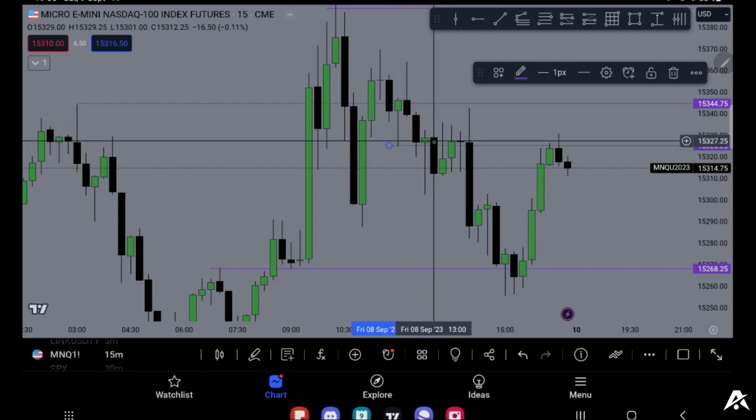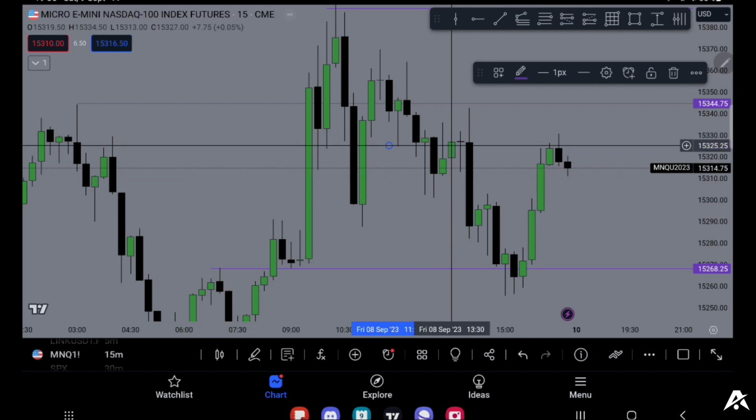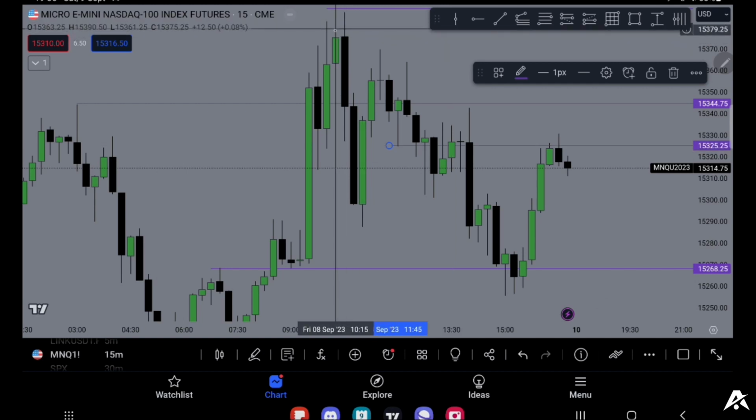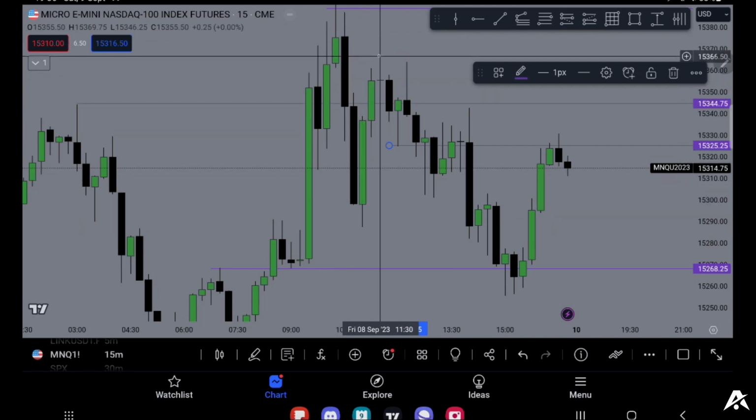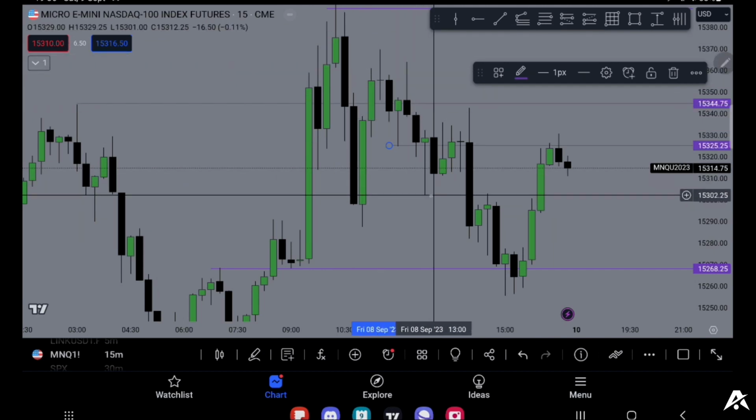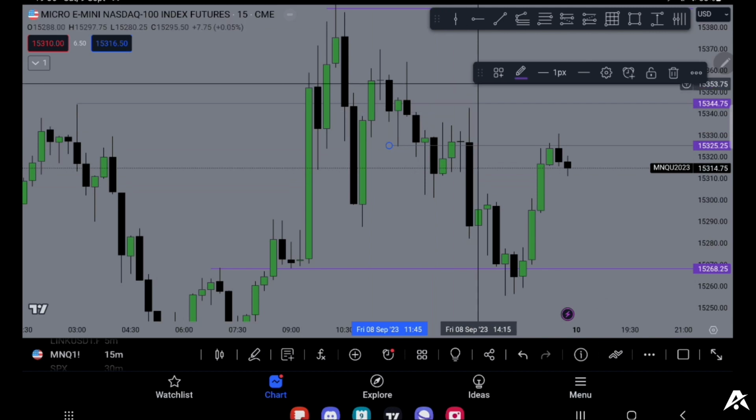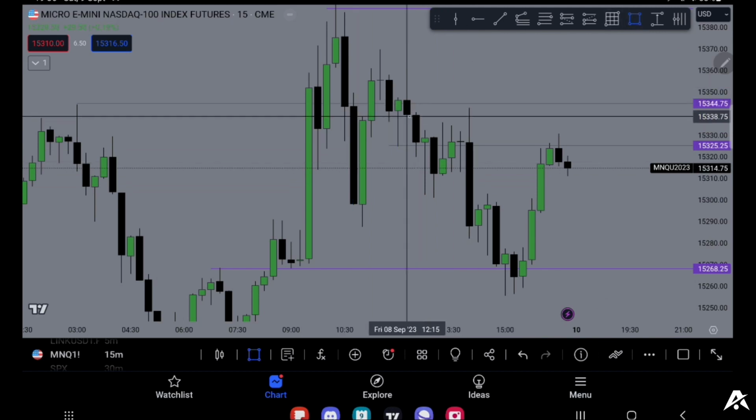Then again, at 1 o'clock, does a candle close below? Yes, it does. That gives you an indication that price further wants to go down. But before it goes down again, what does it do? Just like it did over here, came back down, retraced up, came back down, retraced up. Again, what does price retrace up to?